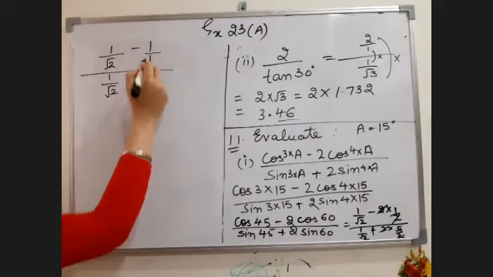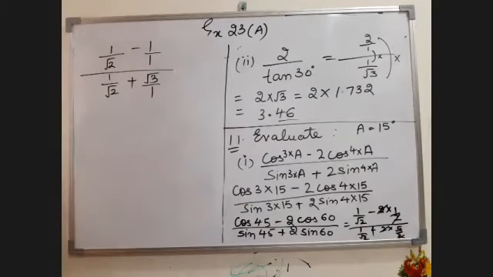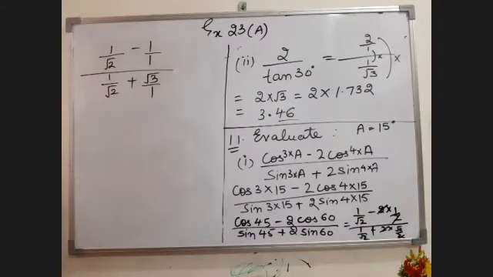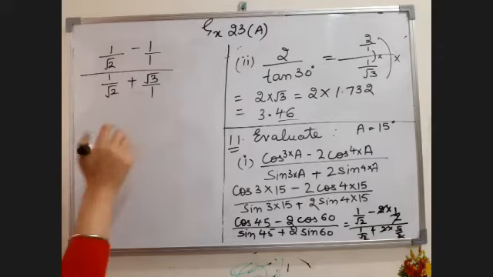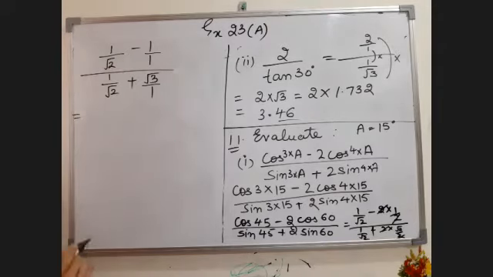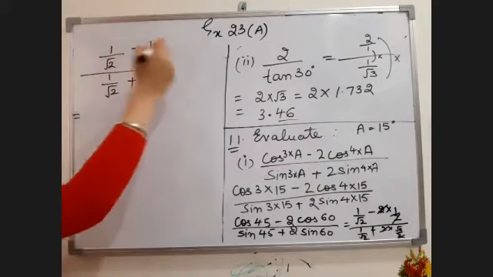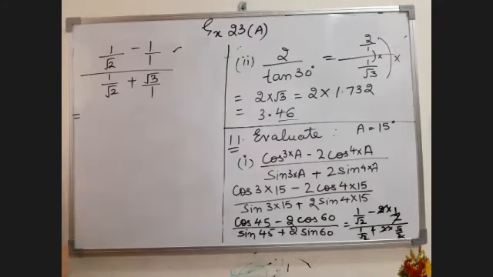Now see here, just write 1 because both are fractions now. So it will become like addition and subtraction of two fractions. So what should I do here? LCM. What is the LCM in the first case?